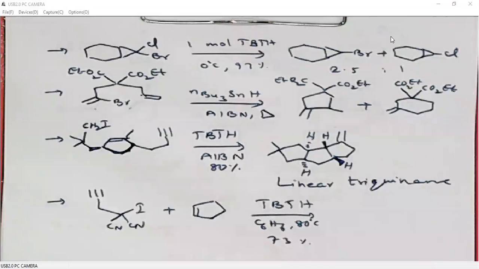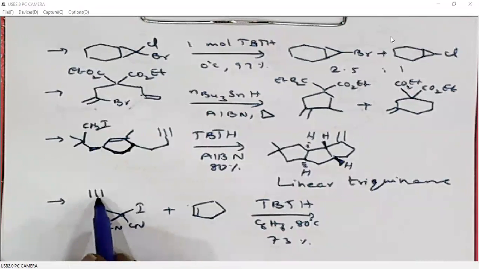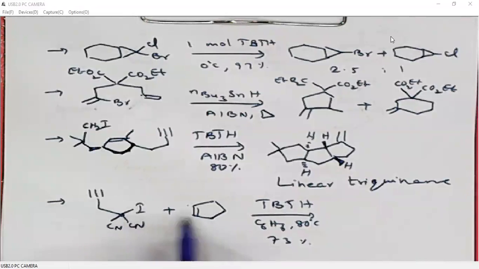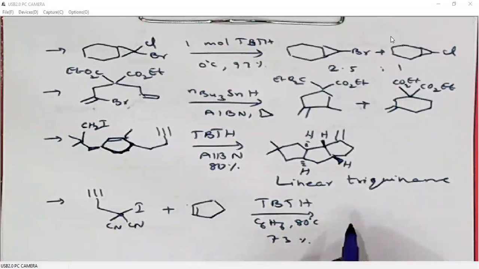In this case, see, when we generate a radical here, the initial generated radical will undergo bond formation with this double bond. So there will be a bond formation between this carbon and this carbon. Then the radical generated on the other side now undergoes cyclization intramolecularly. When we generate a bond between these two carbons, they become intramolecular. So intramolecular cyclization occurs here.